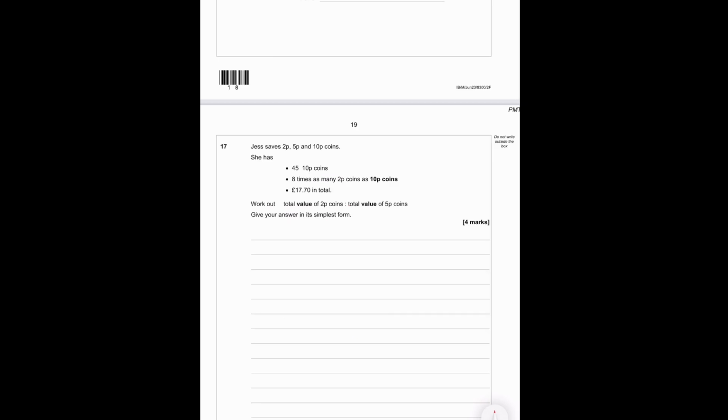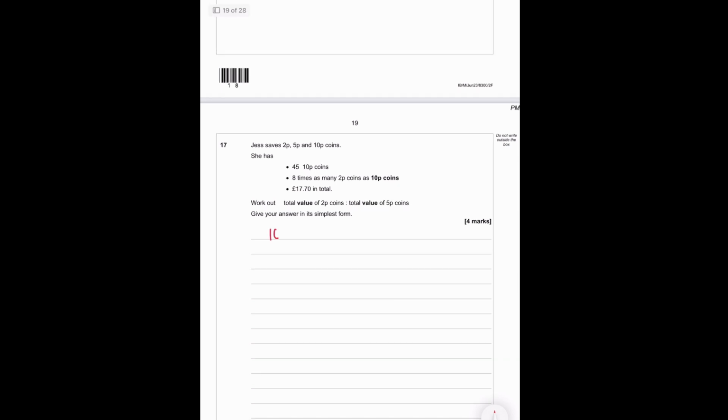17. Jess saves 2p, 5p and 10p coins. She has 45 10p coins. So for her 10p's, we've got 45 times 10, which gives us a value of, in pounds, £4.50. For the 2p coins, she's got 8 times as many. So that's 8 times 45, which is 360 coins.